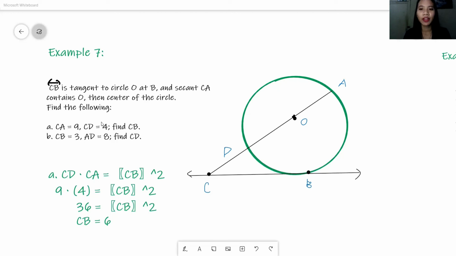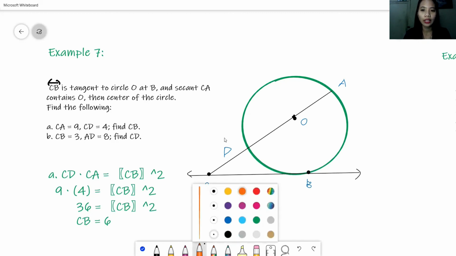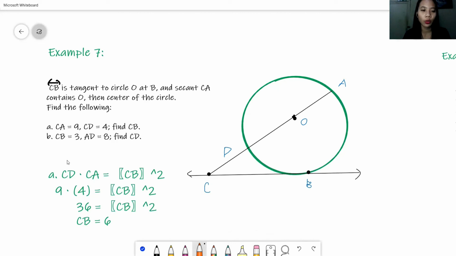So, let us find the following problem. In A, since we are using the formula of theorem 20, given that CA is 9, and then our CD is 4.